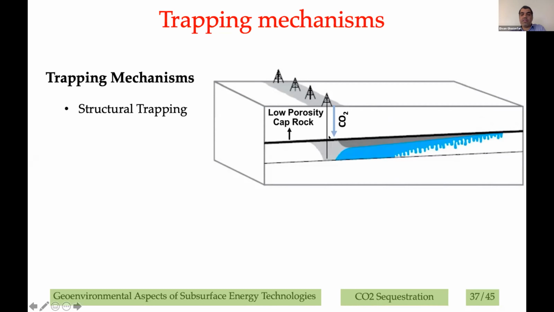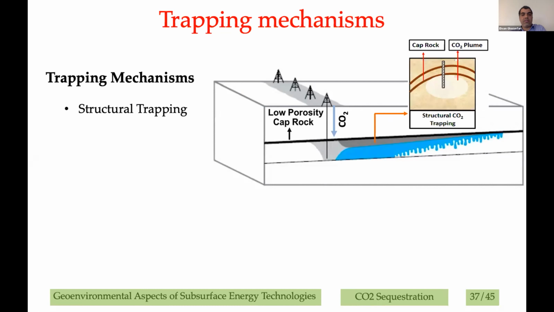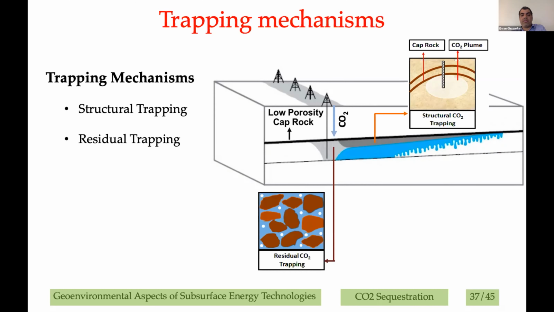This is one of the conditions that the candidate site should possess. So the cap rock, because of the low permeability, will not allow the injected CO2 to flow upward. The residual trapping is another mechanism. Basically, the CO2 will be trapped between the minerals. So as you can see here on the schematic, these are at the grain scale, and the CO2 will be trapped.